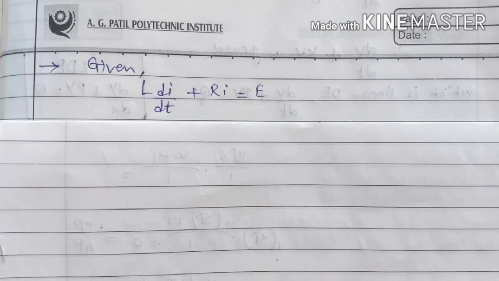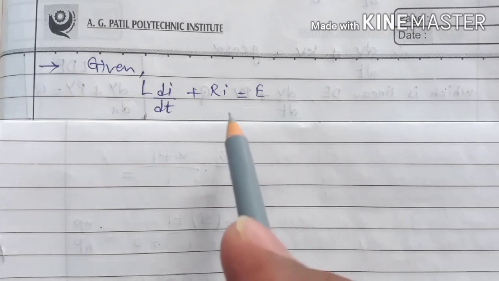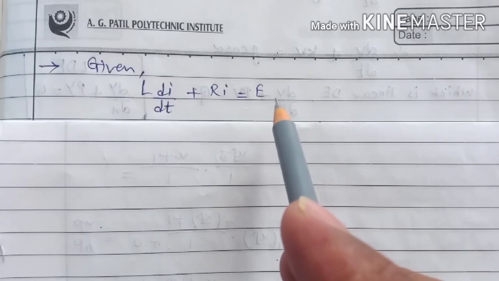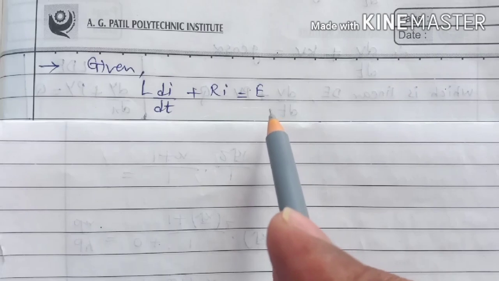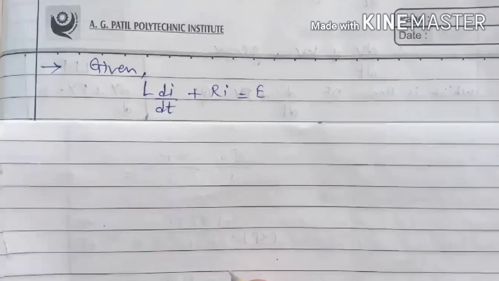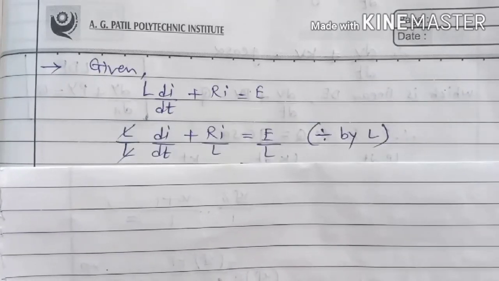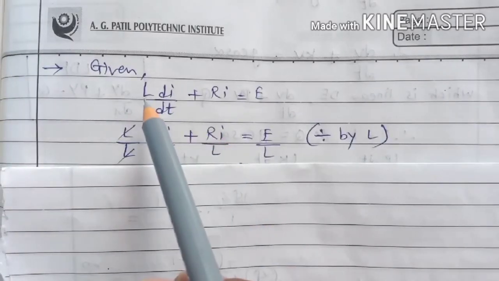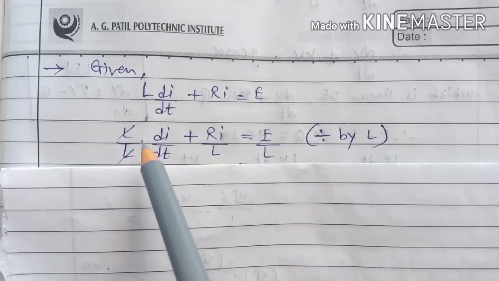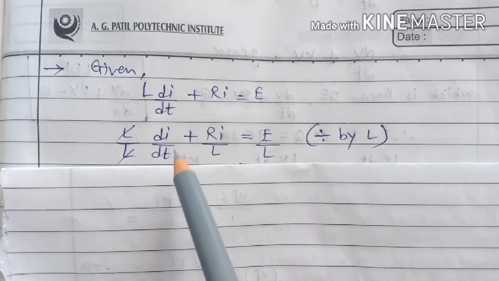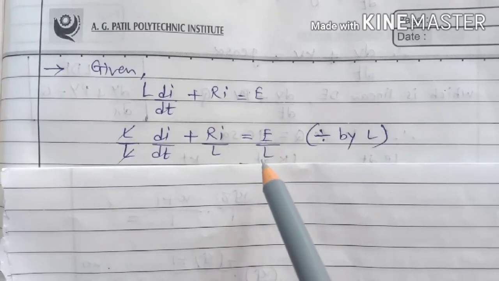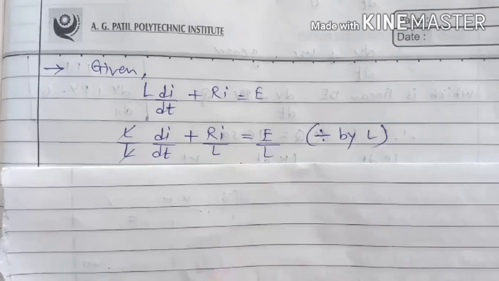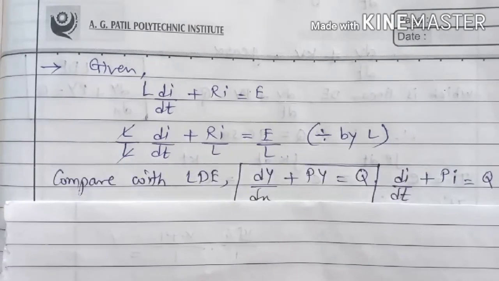The given equation is L di by dt plus Ri equal to E. First, we have to convert this equation into the form of linear differential equation, so we divide this equation by L. Here L by L gets cancelled: di by dt plus Ri divided by L equal to E by L. This is in the form of linear differential equation.